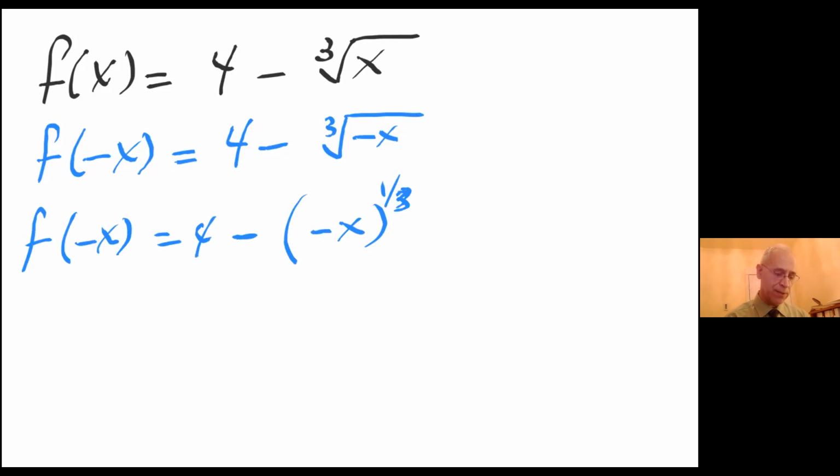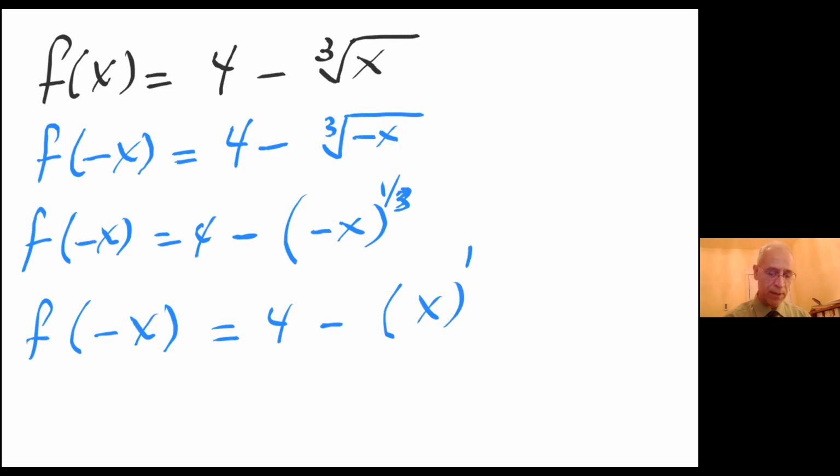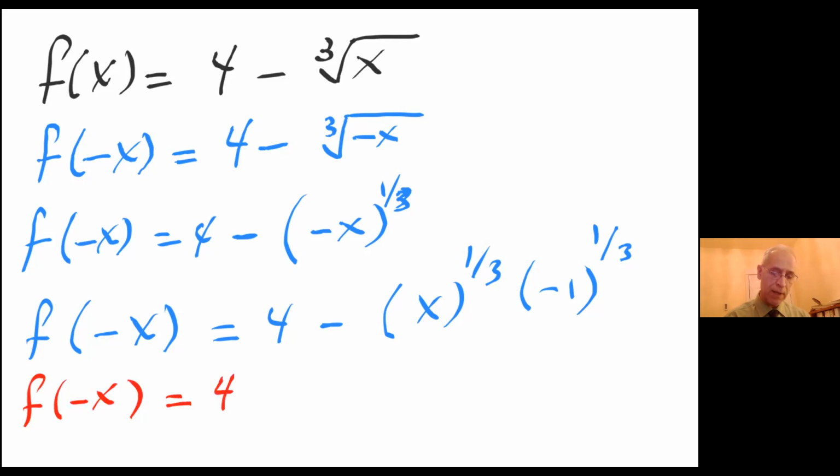And this is the same as 4 minus x to the 1/3 times negative 1 to the 1/3, or cube root of negative 1. The cube root of negative 1 is negative 1, and negative 1 times negative 1 is positive 1.